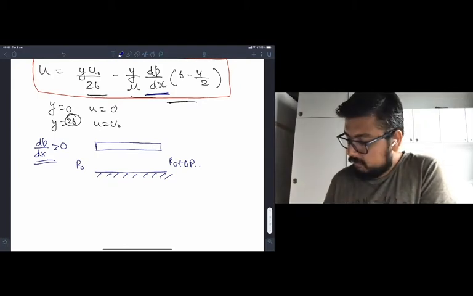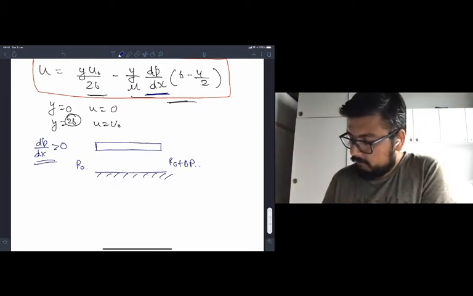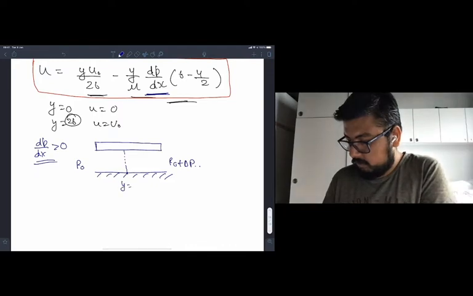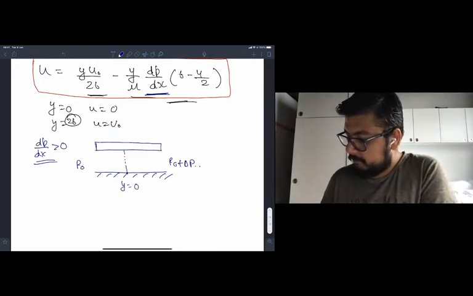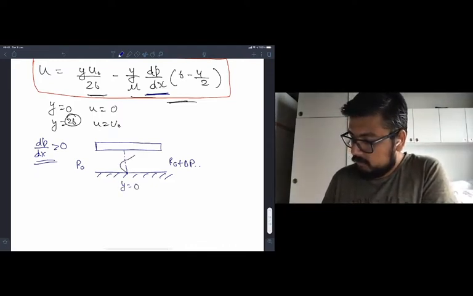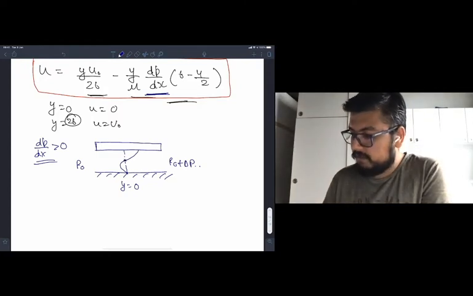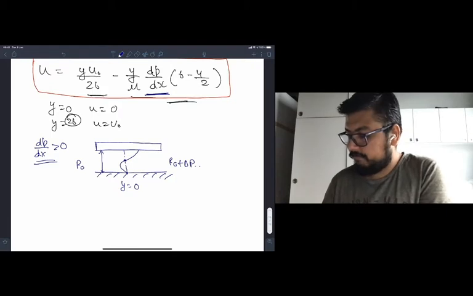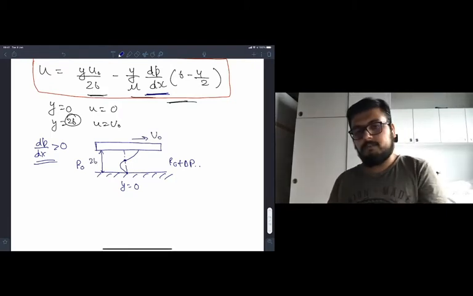So if that happens, then of course we can show that the velocity will be 0 at two locations. One is of course the trivial solution, which is y is equal to 0, but it will also be 0 at some point between the wall and the plate. So this plate is moving with a velocity u naught, and the velocity will be 0 twice.